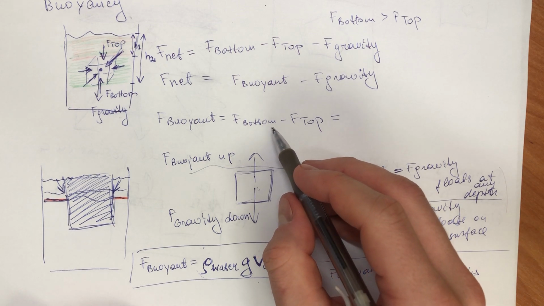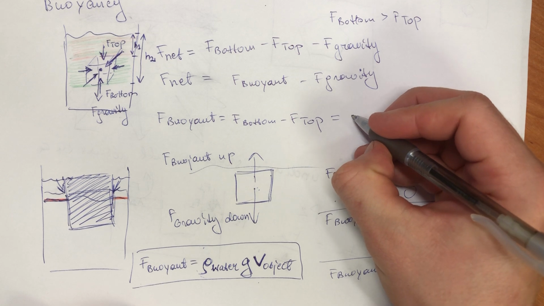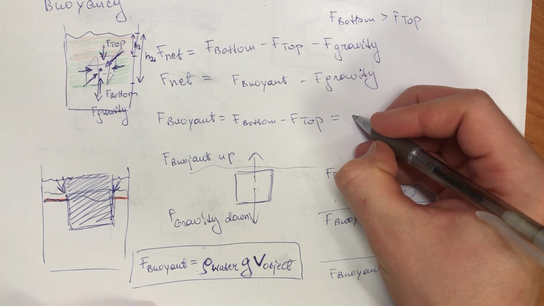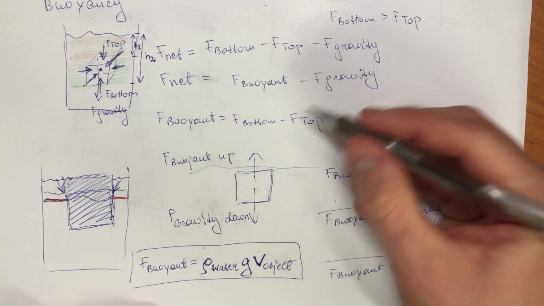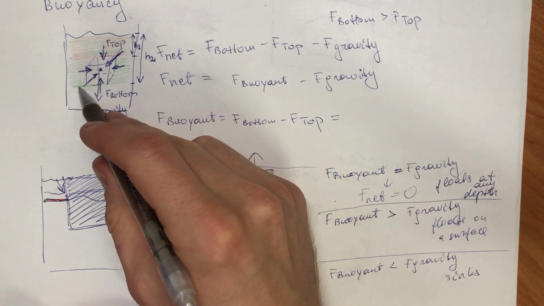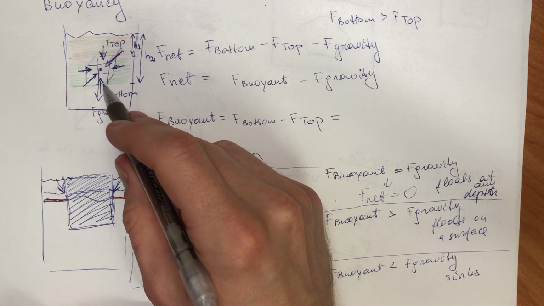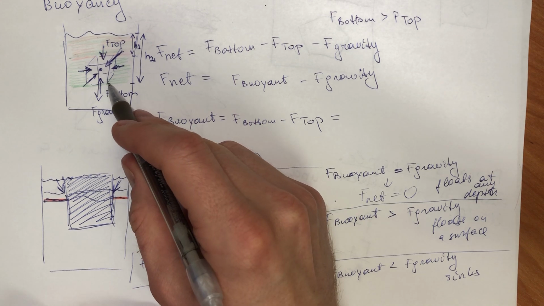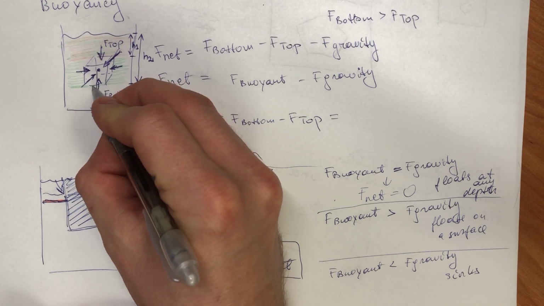So F bottom, can we write it in terms of hydrostatic pressure? Where this cube is, H2 contributes down to the bottom of this cube.